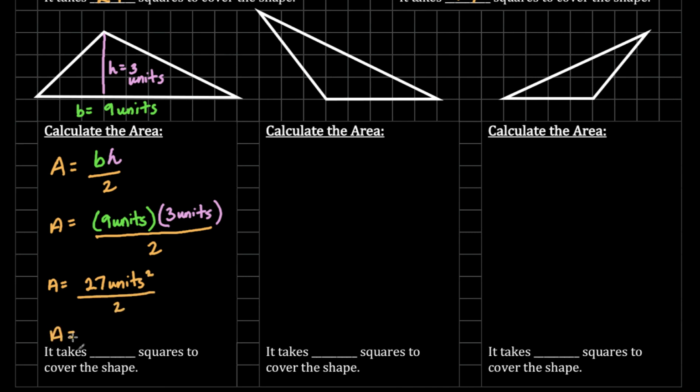So the area is 13 and a half units squared, or square units, or units to the second power. In other words, it takes exactly 13 and a half squares to cover the shape. It would be hard to count in this case, but it's 13 and a half squares.